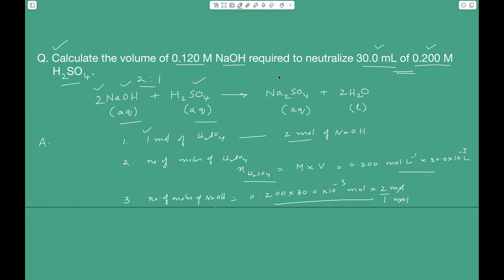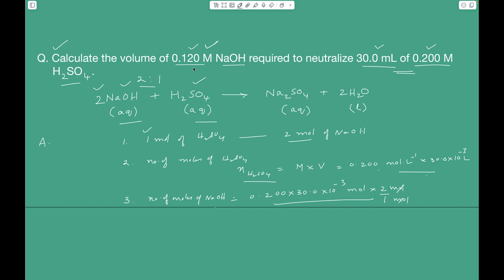But here the reaction is not taking place between pure sodium hydroxide and sulfuric acid. Here it is taking place between an aqueous solution of sodium hydroxide and sulfuric acid, and we are given the molarity of the sodium hydroxide solution taken.